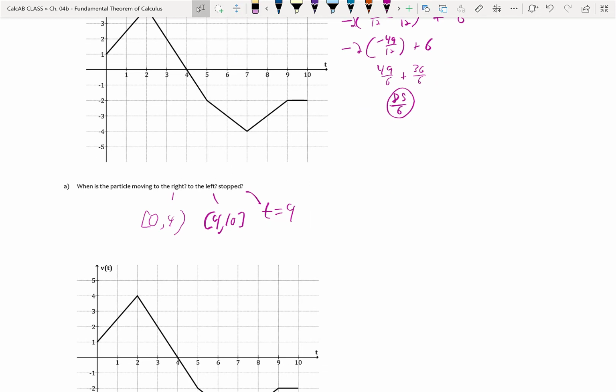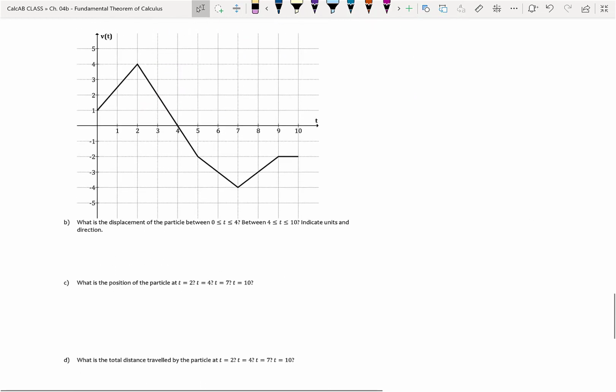So just keeping that in mind, flip to the next page. I just copied the graph over because I had dead space, so I might as well move the graph over there as well. What is the displacement of the particle between t equals 0 and t equals 4? So displacement is, remember, we want to know s of 4 minus s of 0.